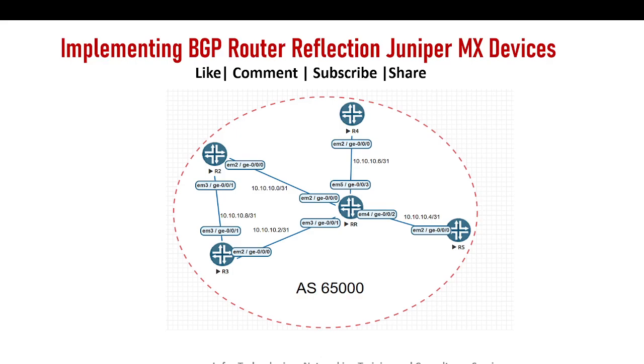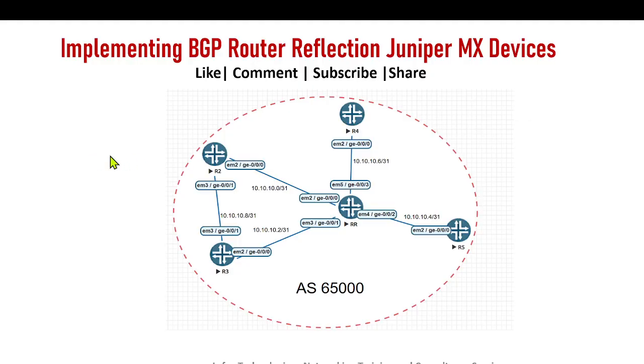He's like a neighbor. He has to receive the routes from the route reflector. And we can have non-clients, which are not part of that cluster if it's for the route reflection. So we have R2. R2 advertises a route to RR. The RR will advertise this route to all the clients in this cluster.